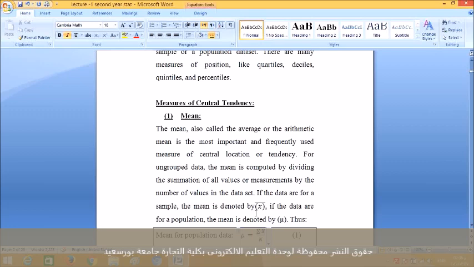Mu is a Greek letter and is called a parameter, but X bar is called a statistic. So you have to differentiate between the sample statistic and the population parameter. So how can we compute the mean for a sample and for a population?